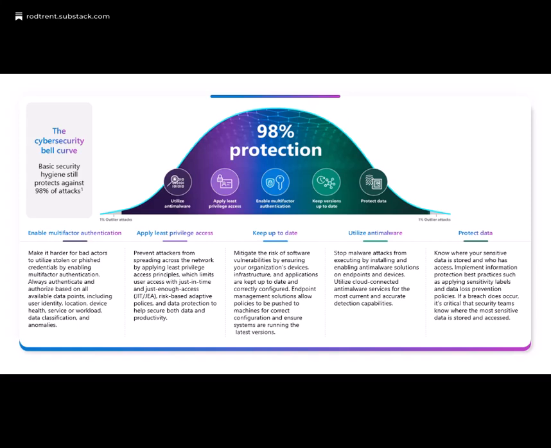The cybersecurity bell curve is an invaluable framework, even without applying it to securing generative AI applications. As these applications become increasingly vital in various sectors and organizations, ensuring their security is paramount. The bell curve illustrates the importance of adopting a comprehensive approach to cybersecurity, starting with basic security hygiene.